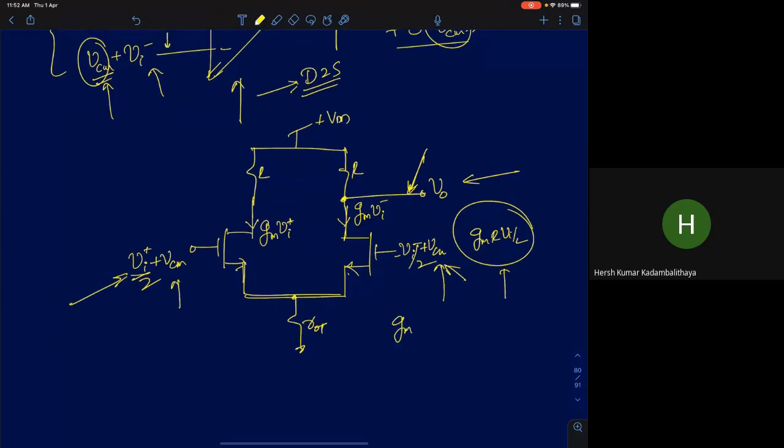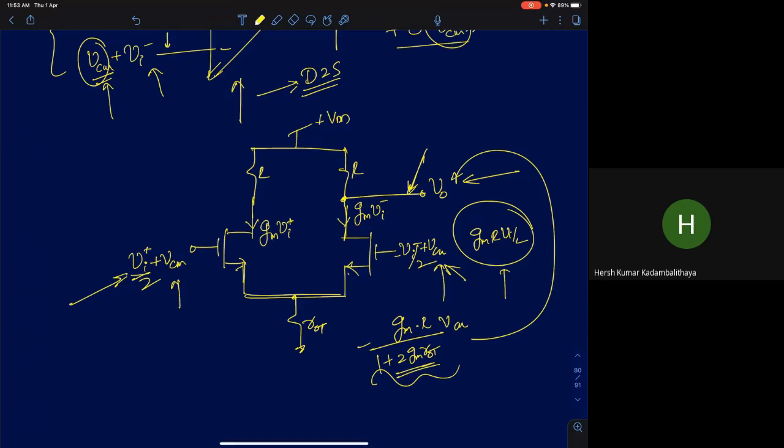It will be GM by 1 plus 2 GM ROT times R into VCM, with a minus sign. This will appear at the output. The 2 is important here. So that component, GM by 1 plus 2 GM ROT times R, will still appear at the output.